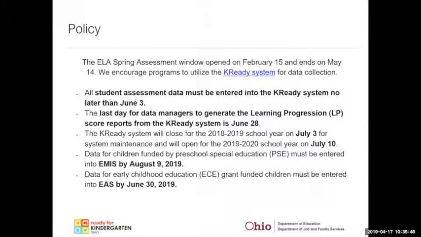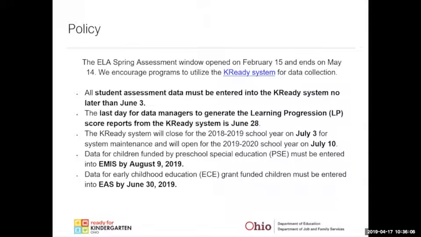Okay, so any data for preschool special education or any data that goes into EMIS needs to be entered by August 9th. But please do not wait until the end of July or early August to get that learning progression report, because as I stated earlier, the system is going to close on July 3rd.